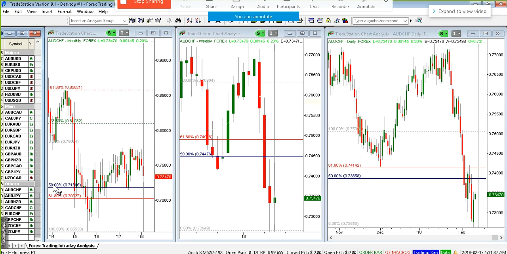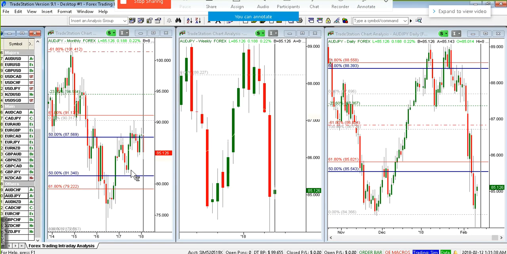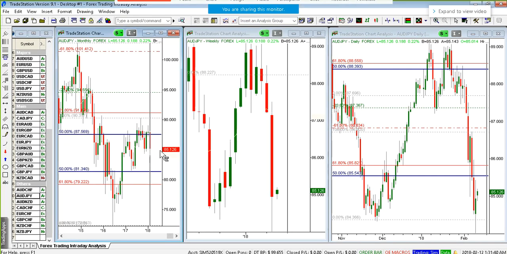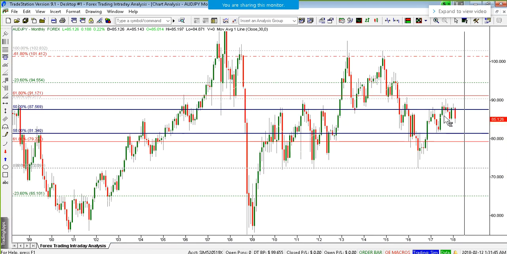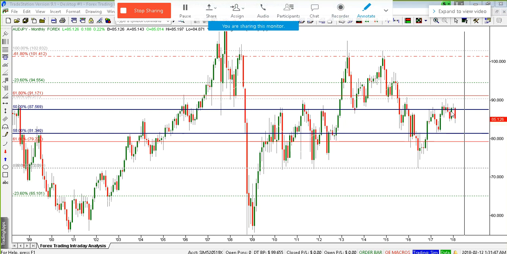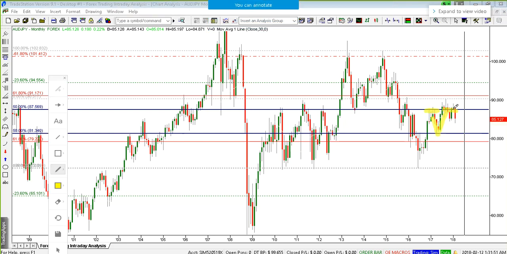Okay, Australian dollar, Japanese yen, same story here, big strength on the downside. This time for this market, it's coming also from a valid 50% level that was already tested before. The longs were tested, the shorts were tested again twice. So this market is going to 81.34.